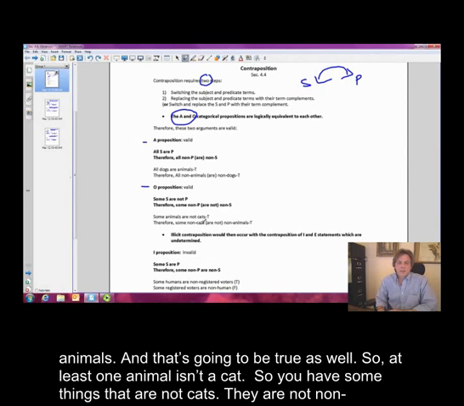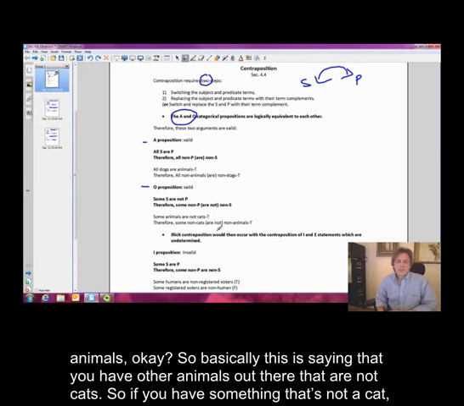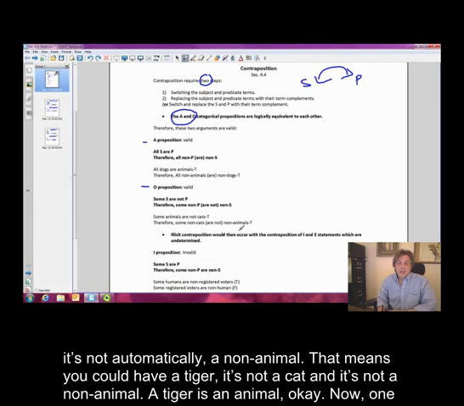So at least one animal isn't a cat. So you have some things that are not cats, they are not non-animals. Okay? So basically this is saying that there are animals out there that are not cats. So if you have something that's not a cat, it's not automatically a non-animal. It means you could have a tiger, it's not a cat, and it's not a non-animal, a tiger's an animal.